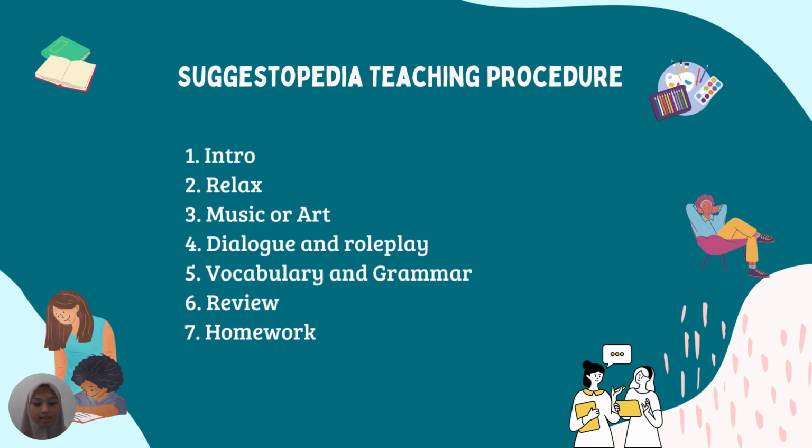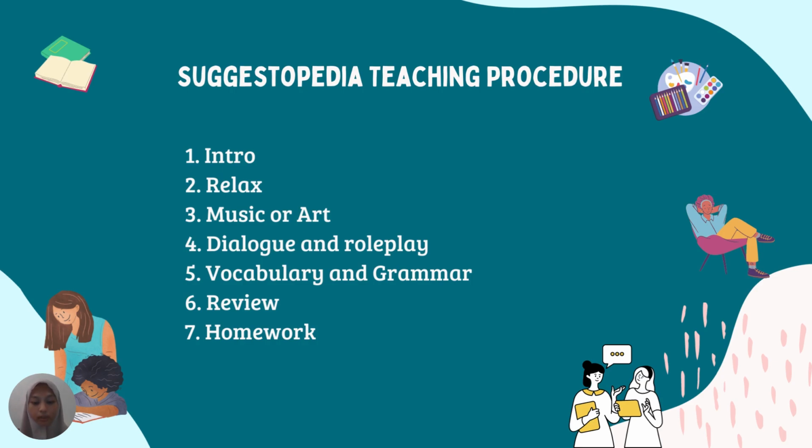And then the next is the Suggestopedia teaching procedure. There are 7 procedures that could be used to teach a foreign language using Suggestopedia. The first is intro, or introduction. The teacher introduces the lesson topic and sets the context for the learning activity.